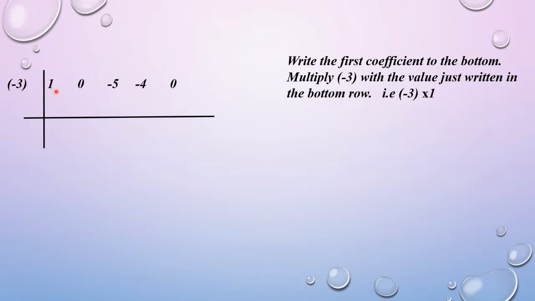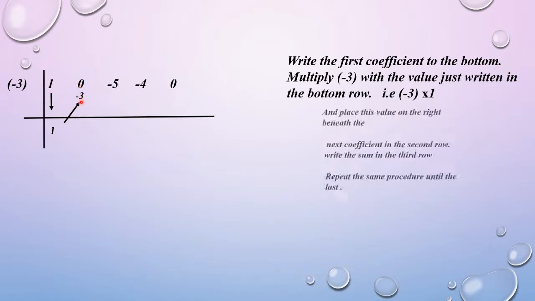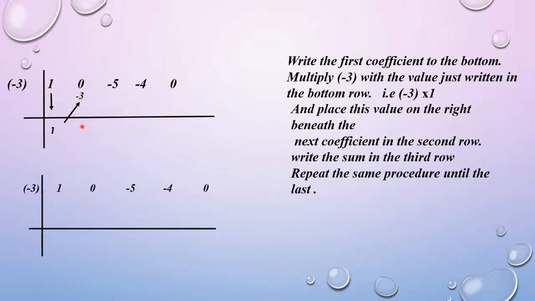we have to write the first coefficient as it is in the third row, multiply minus 3 with 1 and write the answer in the second row below the second coefficient, that is minus 3 into 1 will be minus 3. Adding 0 and minus 3, we get minus 3.